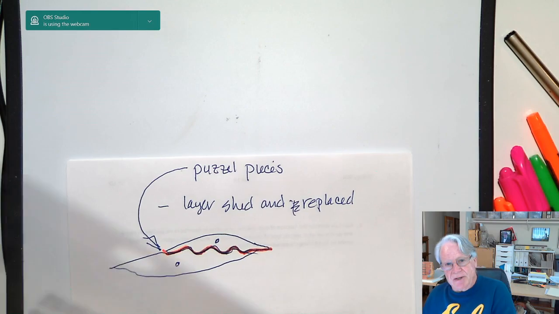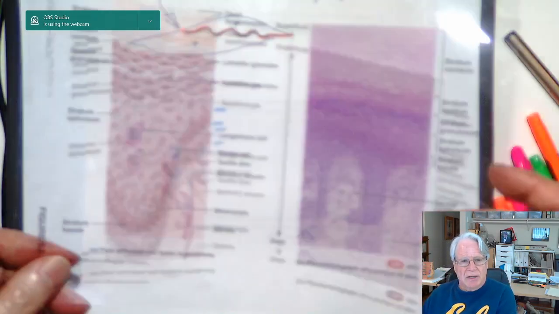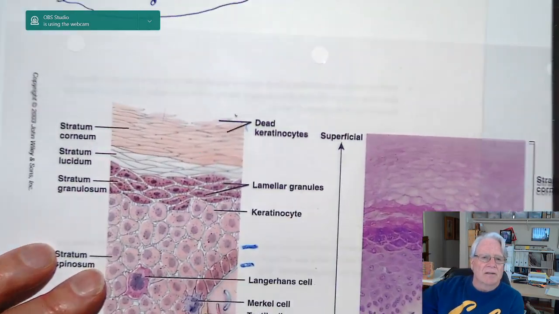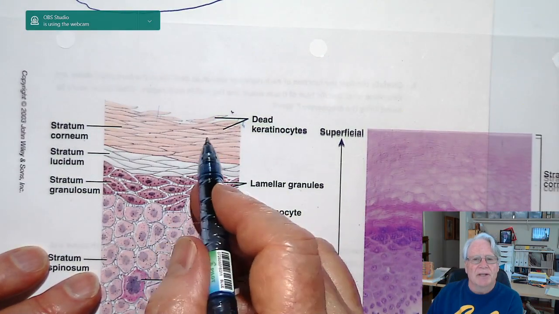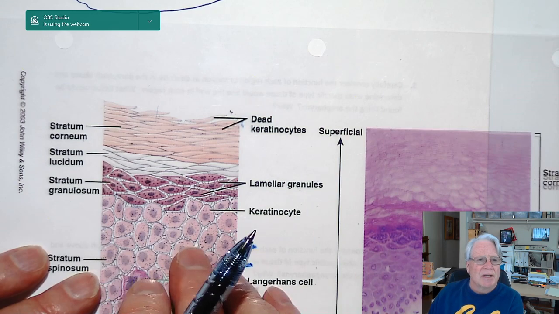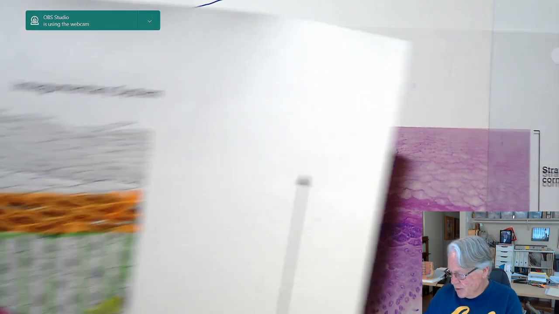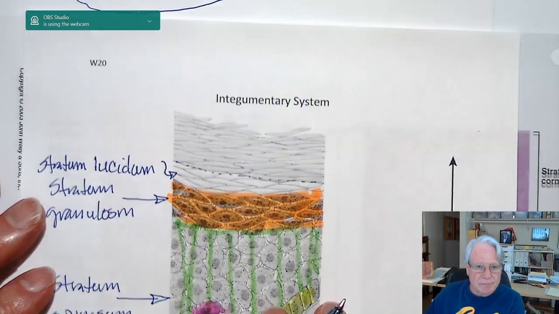So let's go ahead, and so that's our last layer right there. These are dead keratinocytes, and that's the stratum corneum. Let's go ahead and fill that in.